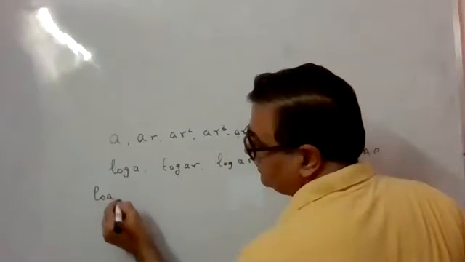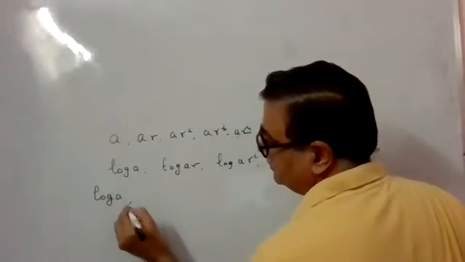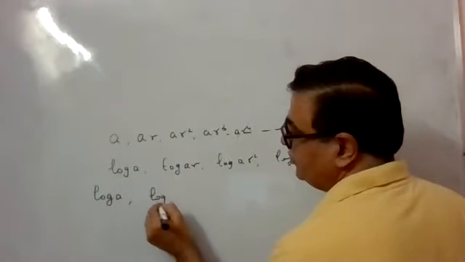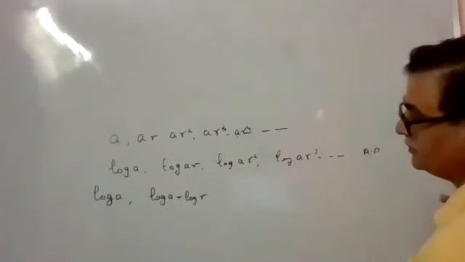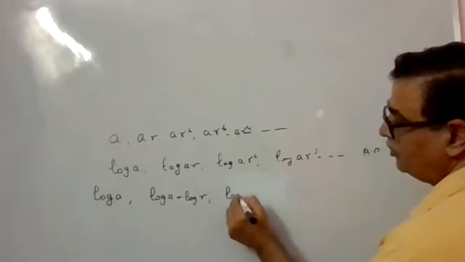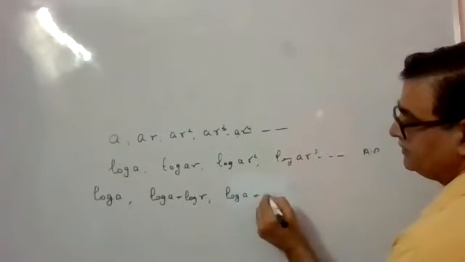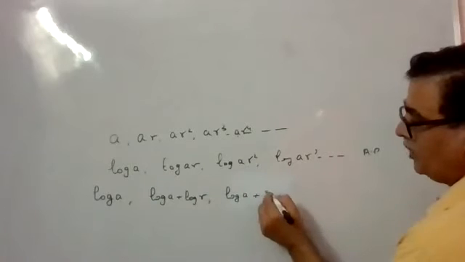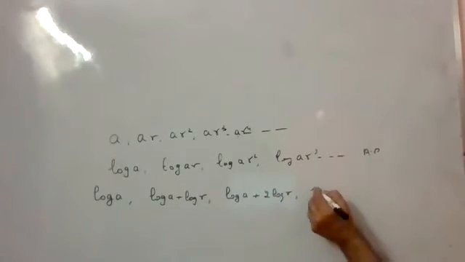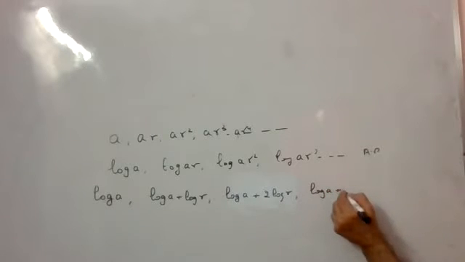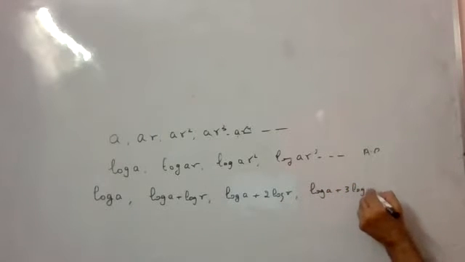We can write this as log of A. Here we write log of A plus log of R. Next will come log of A plus log of R square, which you will write as 2 log of R. Then log of A plus thrice log of R, and so on.